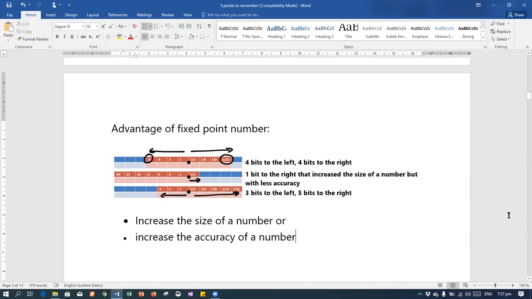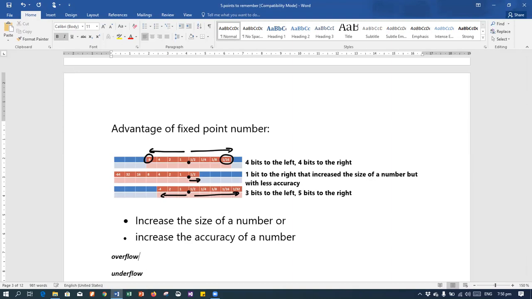Yes, beta, any idea about overflow? Can you hear me? Miss, when a value outside the range comes, something like that.